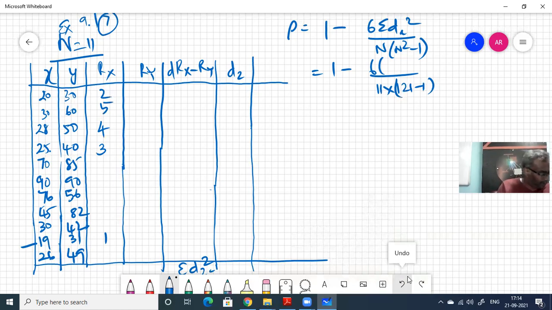A fellow is getting 30 twice. Something wrong I entered. 20, 50 and 60. So 30 is fifth rank.